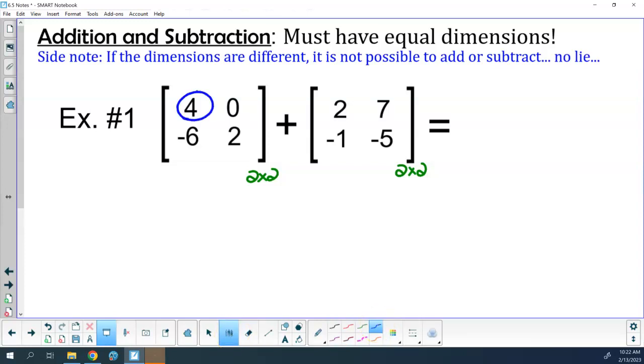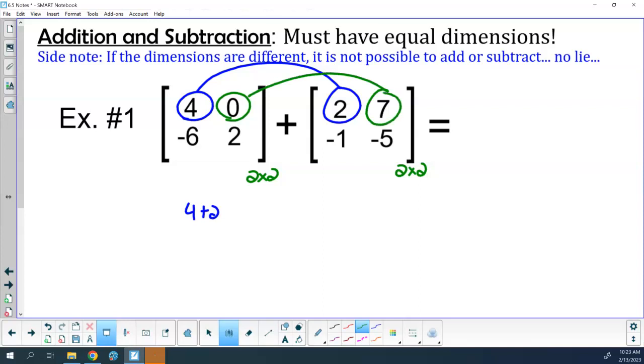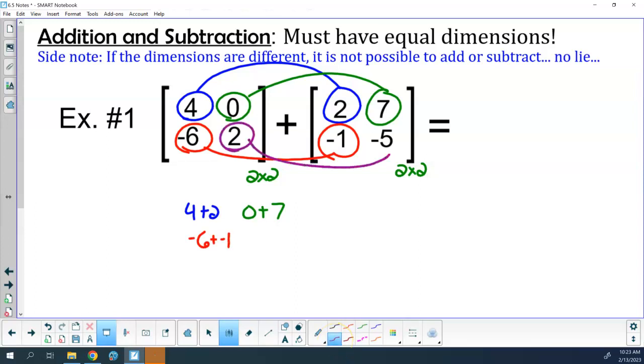So 4 gets added to 2 because they're in the same address, just on different matrices. 0 gets added to 7. -6 gets added to -1, and 2 gets added to 5, -5.